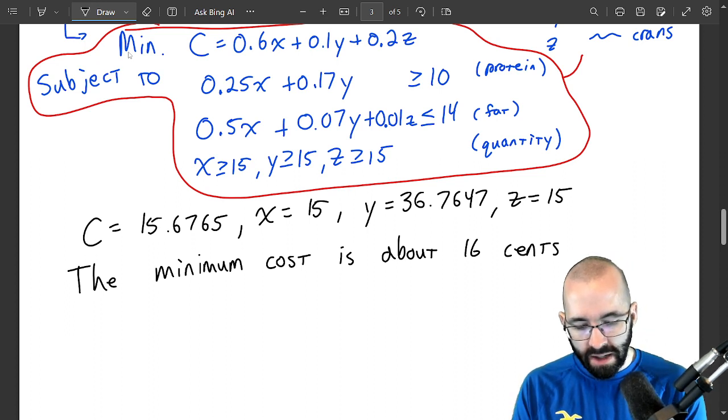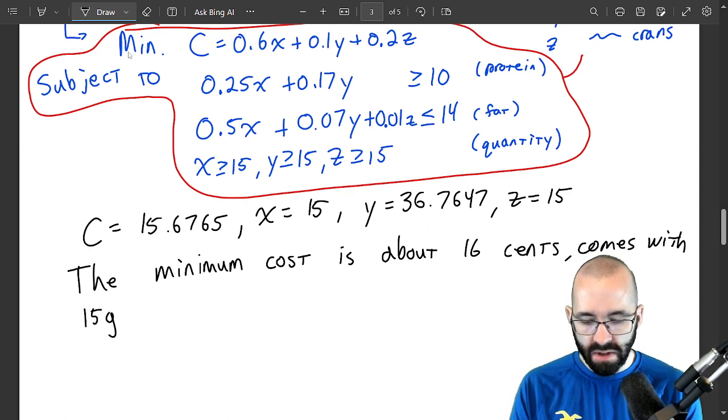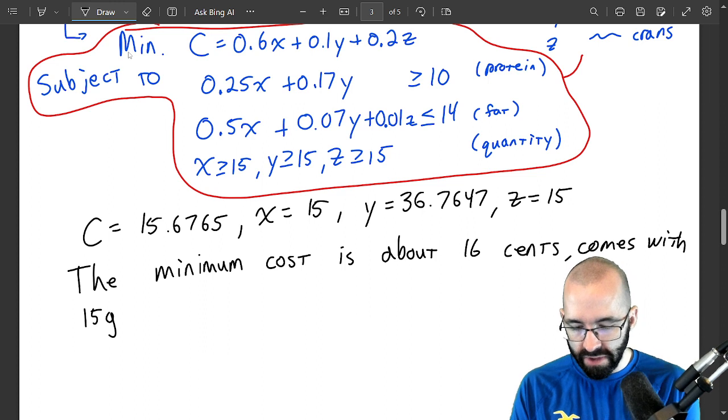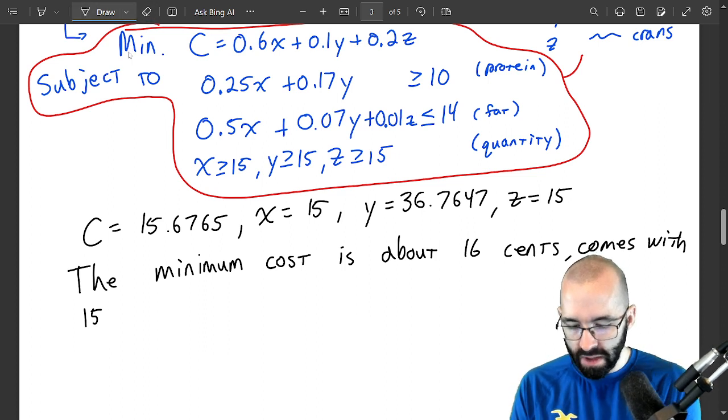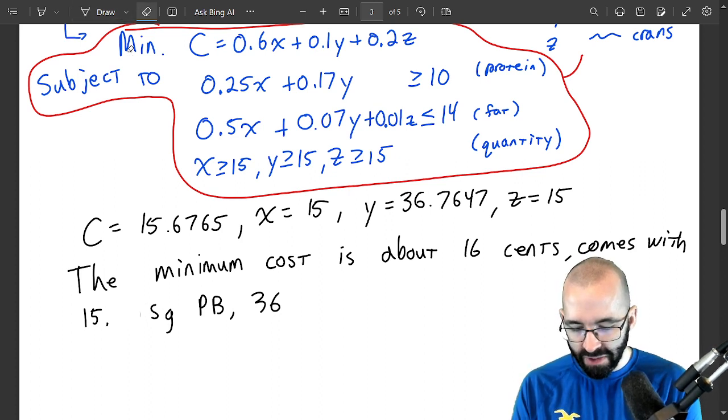About 16 cents, and it comes with 15.6765 grams of peanut butter. About 36, oh my goodness, I can't read. It was 15 grams of peanut butter.